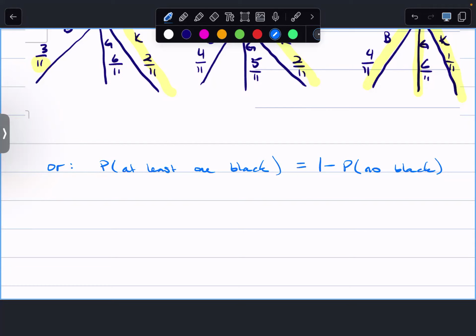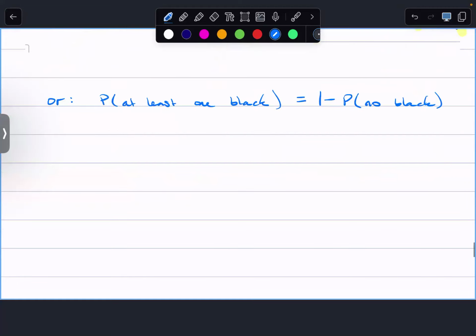You can use the tree if you want, or those sock 1, sock 2 slots. So I'm going to use that. So the probability of no black socks is, sock number 1 cannot be black.